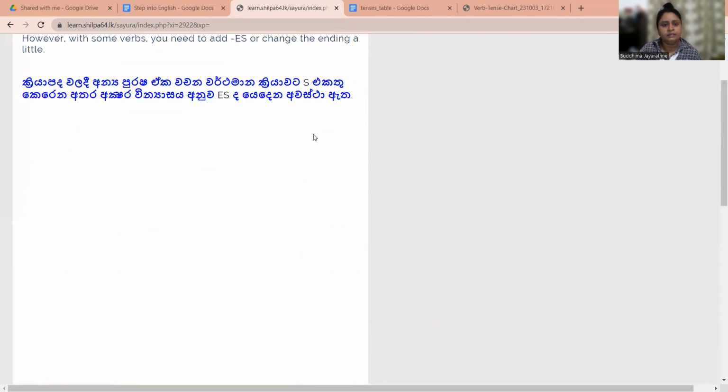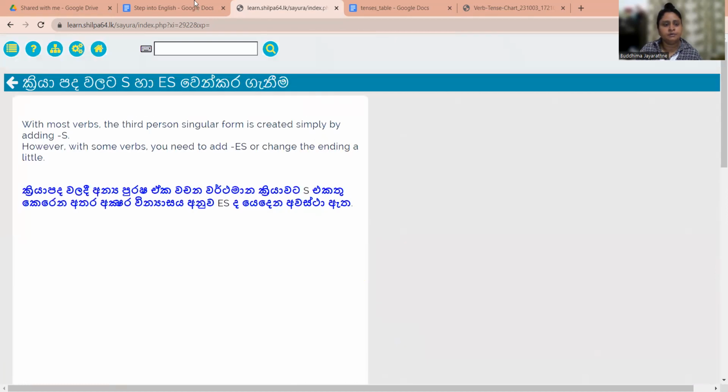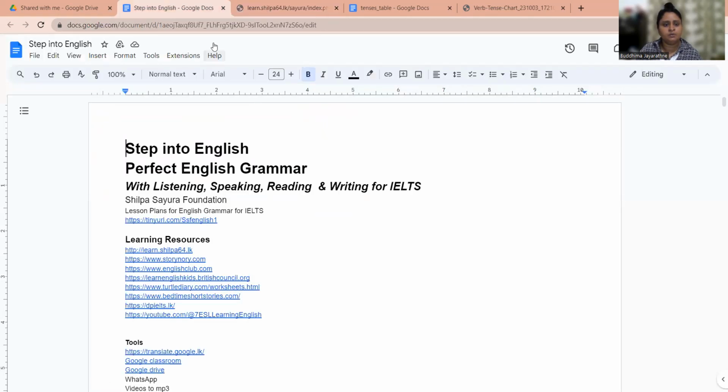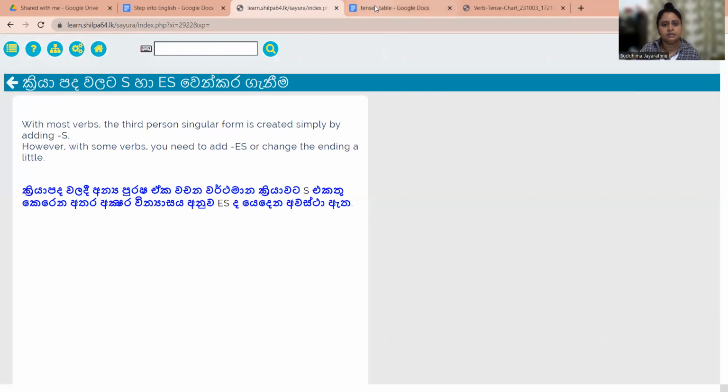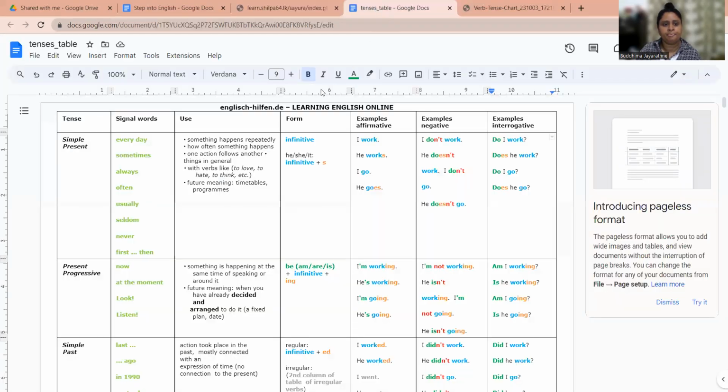Okay, and so let's now see the simple present tense negative form. How we are going to learn the negative form. So here you see, I do not.